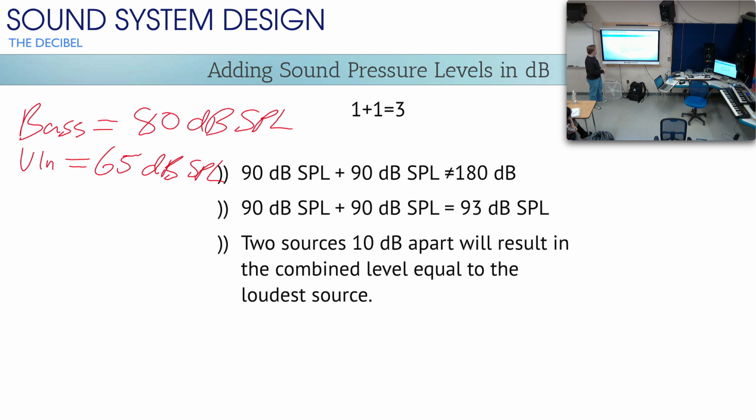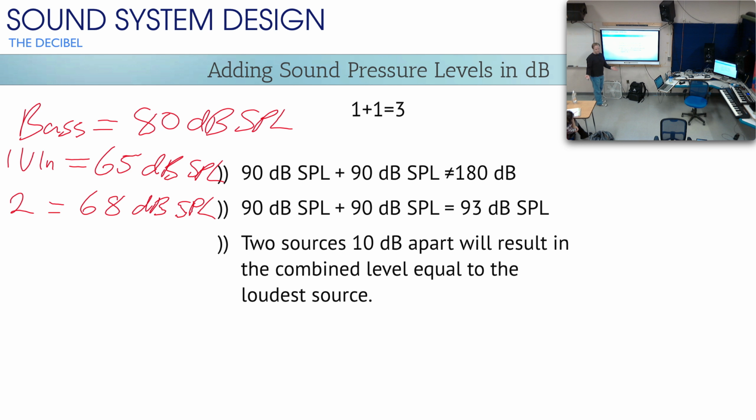You could go hire another violin player. Now you have 2 violins. How much louder is the violin section going to be now? 3 dB more. So now it's going to be 68 dB SPL. Still not as loud as the bass. So I need to get the violins louder.